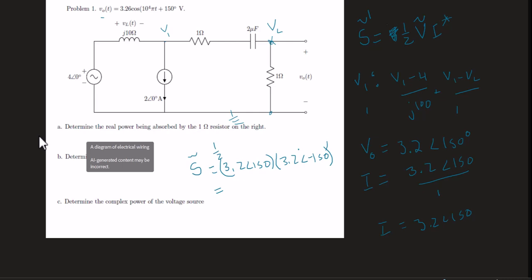So 3.2 times 3.2, I could reach for my calculator. 5.12, and our units would be VA. Now, it does not have an imaginary part, and so if we think about it in terms of P plus JQ, our P is all of it.